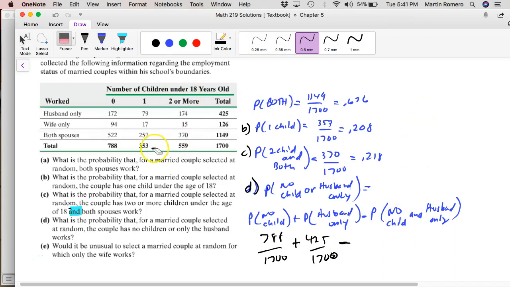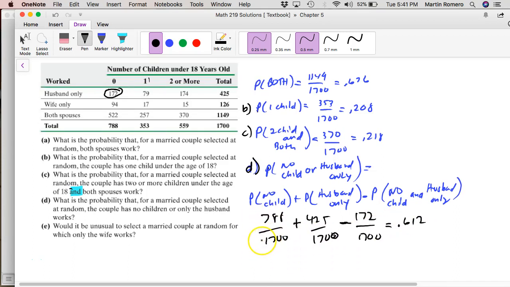No child is here, husband only is here, so there's the overlap of no children and husband only, minus 172 over 1700. When you do the calculations for that, you should get 0.612.